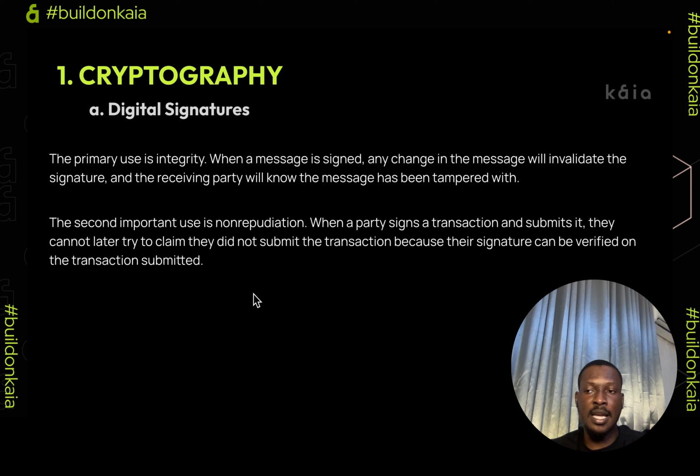And if there is any tampering or any modification, it will reflect. The second important use case for digital signatures is non-repudiation. When you sign a transaction and this transaction is submitted, you cannot claim later on that you did not sign this transaction because, of course, your signature can be verified for the transaction submitted. Really important. Two things: integrity and also non-repudiation.